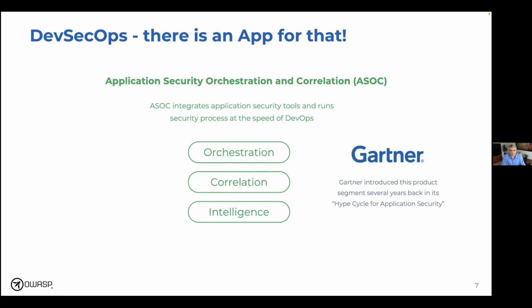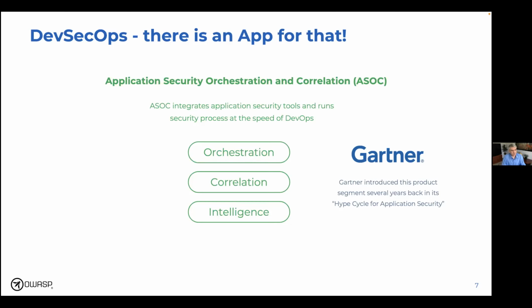Now, there is an app for that, for DevSecOps, and the message here is that there is no point in building DevSecOps from scratch, writing custom code, because it is a very complex undertaking.